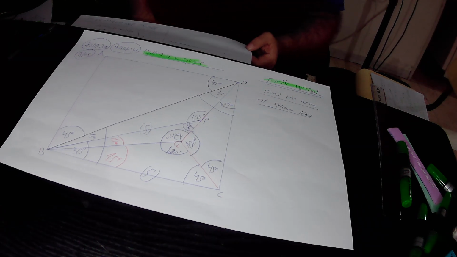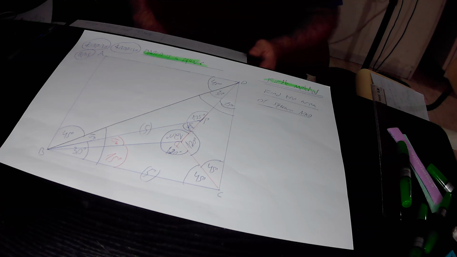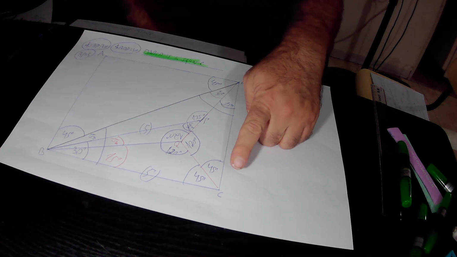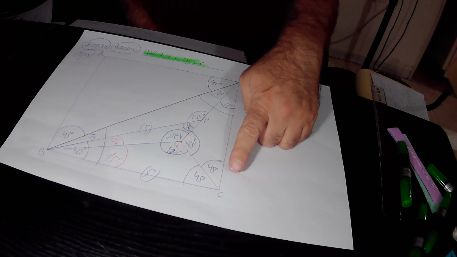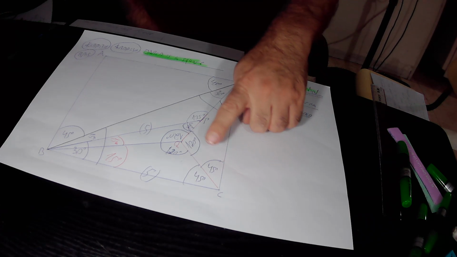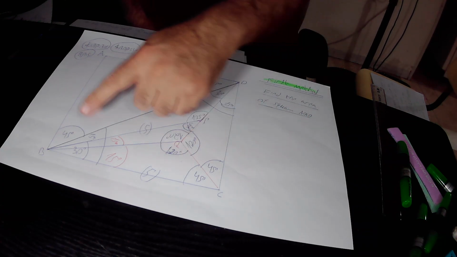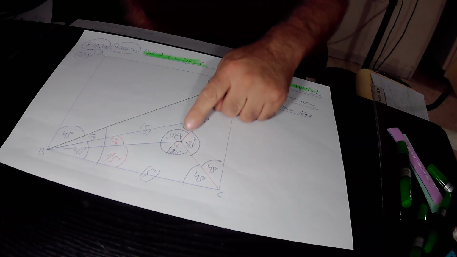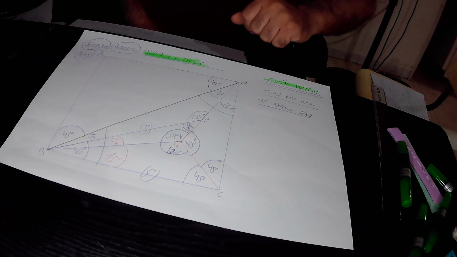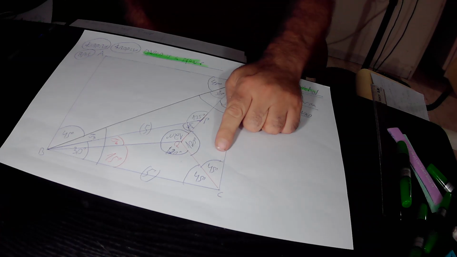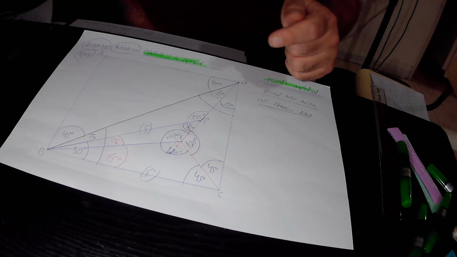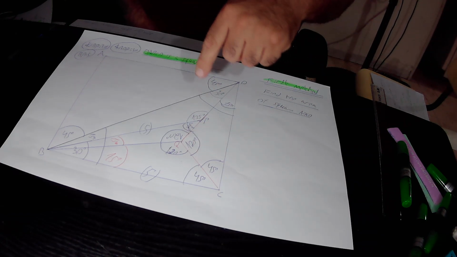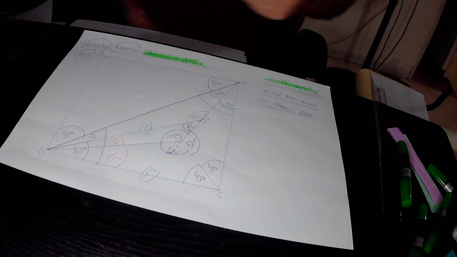In the next step, we did the construction. That is to say, from the vertex C of square ABCD, we drew the angle bisector of this angle DCB. So this is an angle bisector. Therefore, this angle equals 45 degrees, and this angle also equals 45 degrees, because the angle bisector bisects angle DCB.